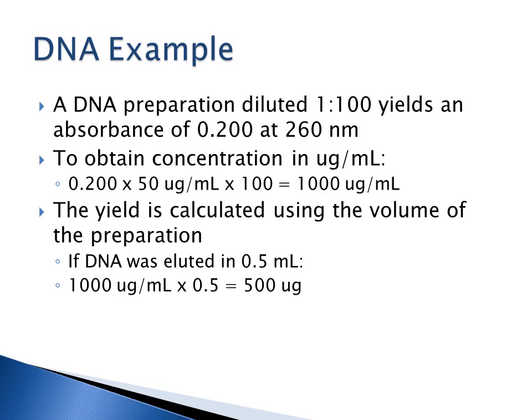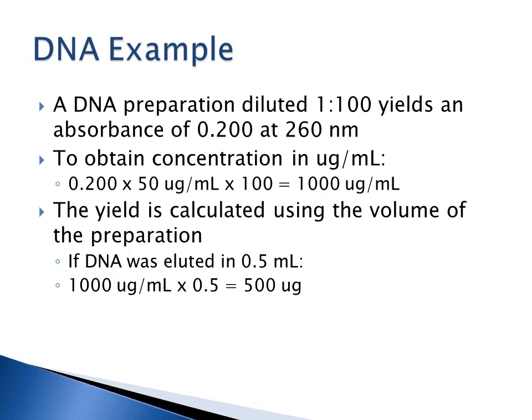If you want to then calculate the yield, you have to take into account the total volume that your extraction was done in. So if your DNA was eluted in 0.5 mils of Tris buffer or water, remember you had 1,000 micrograms per mil.